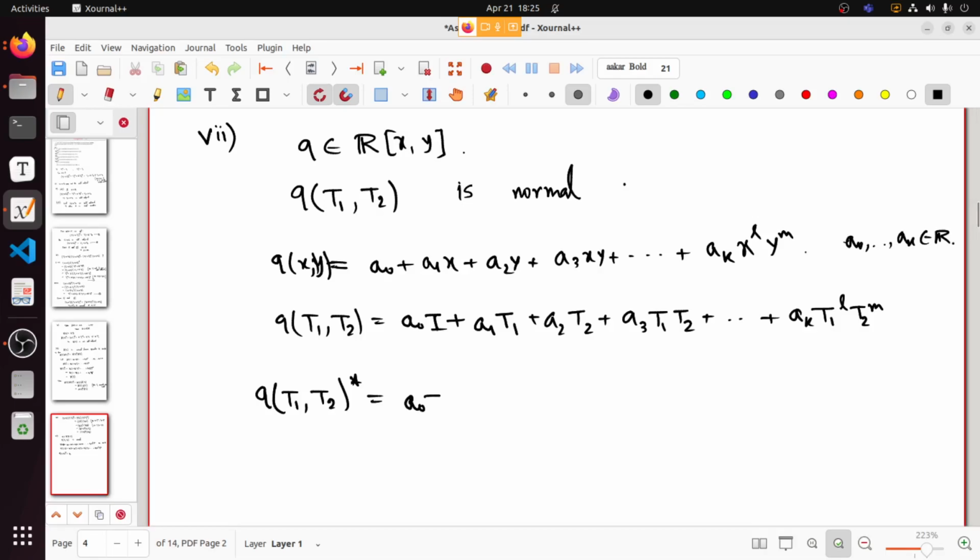So it will be a0 I plus a1 T1 star plus a2 T2 star plus a3 T2 star T1 star plus dot dot dot ak (T2 to the m) whole star (T1 to the l) whole star, right?